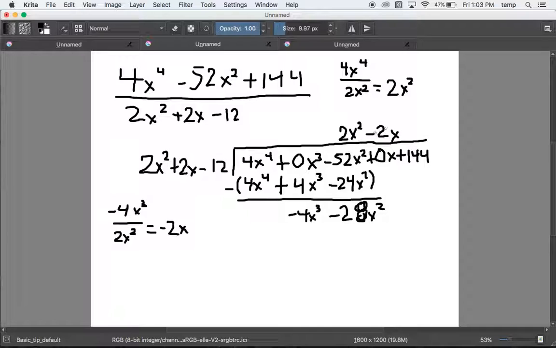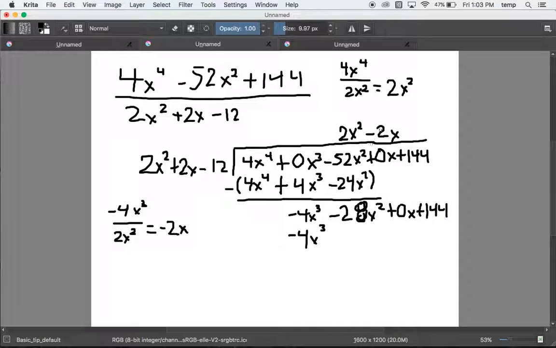Now we rinse and repeat. We go through the same process. We do negative 2x times 2x squared. That'll leave us with a negative 4x cubed. Also, we should bring down the rest of the stuff from earlier, so plus 0x plus 144.